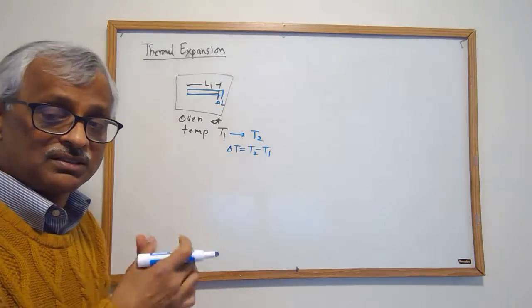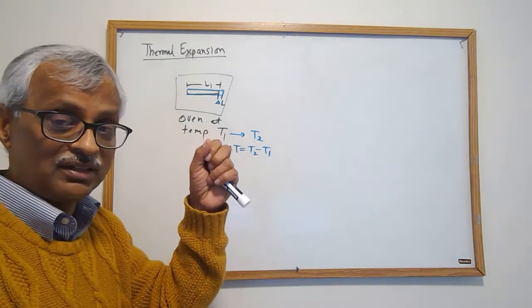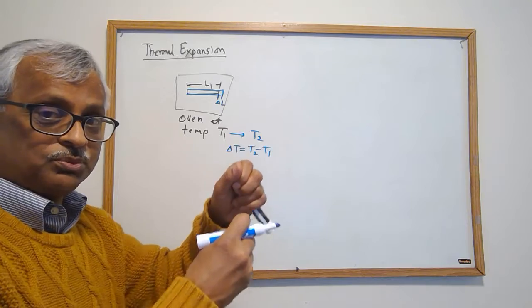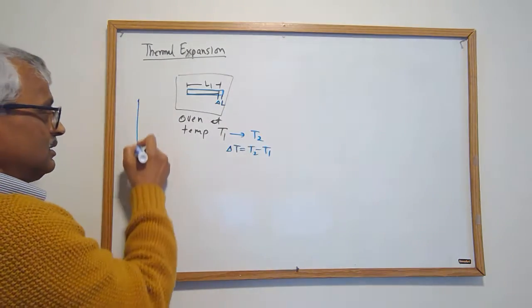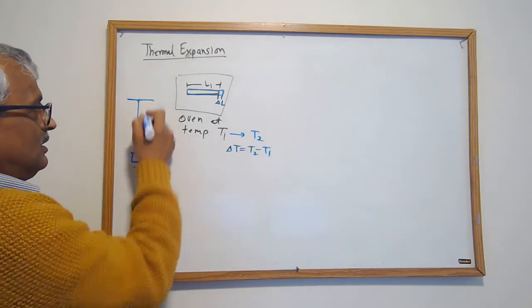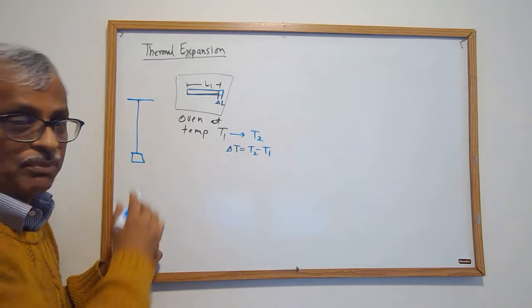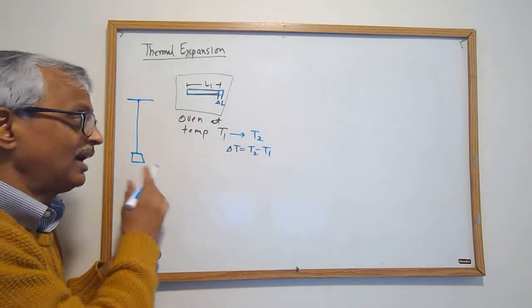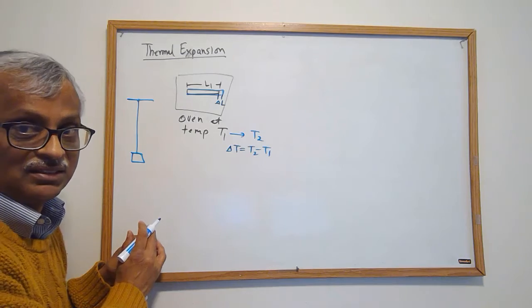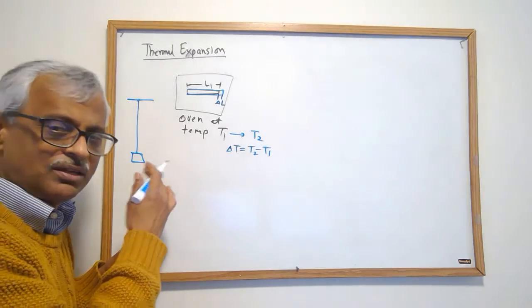It's almost the same idea as we had with strain. If you remember, in strain we had the percentage change in length, and that turns out to be the right idea here too. So you might say thermal strain here.